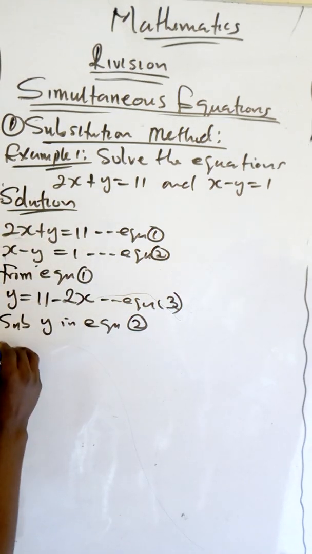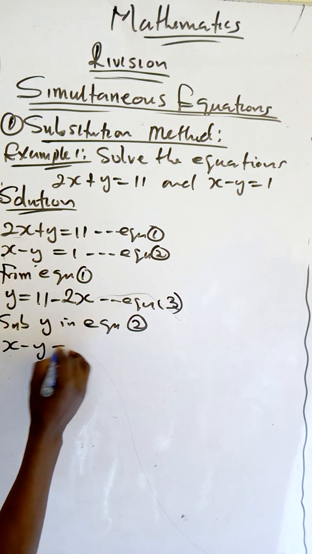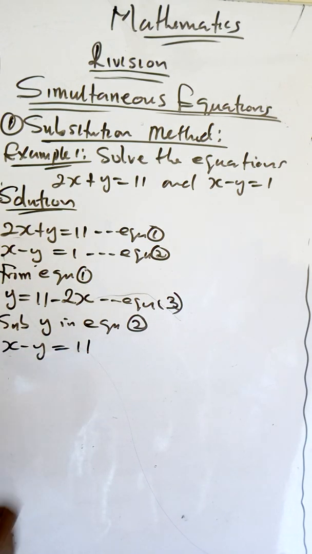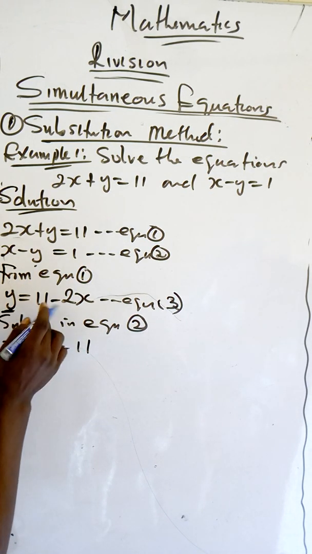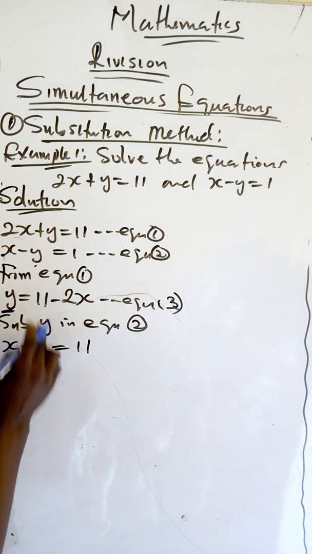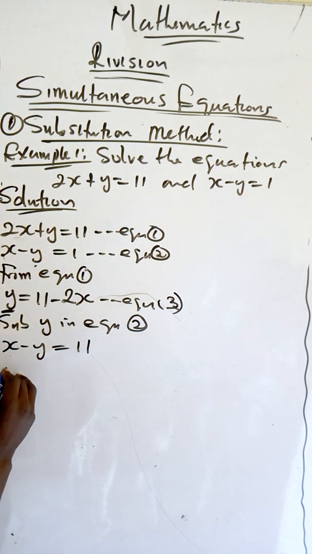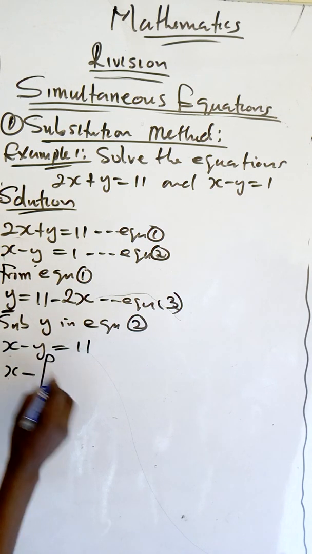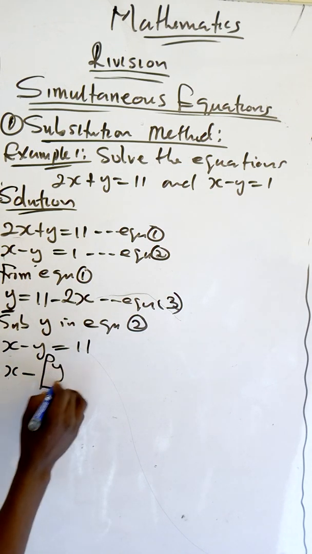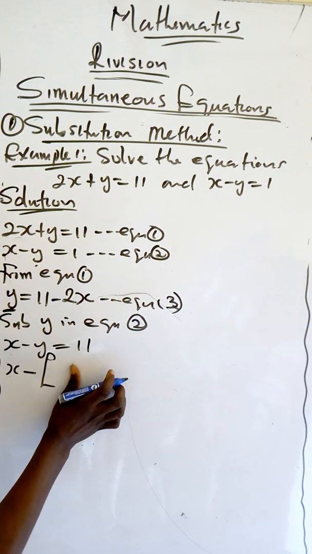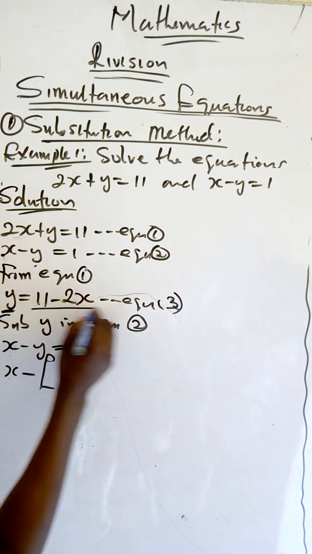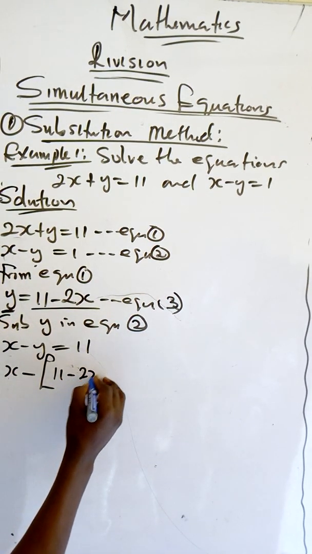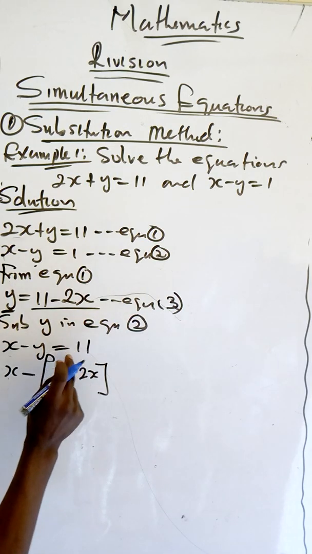From equation 2 we have x minus y equals 1. So what's our y here? Our y is 11 minus 2x. So we replace y with 11 minus 2x, and you open your brackets for y.